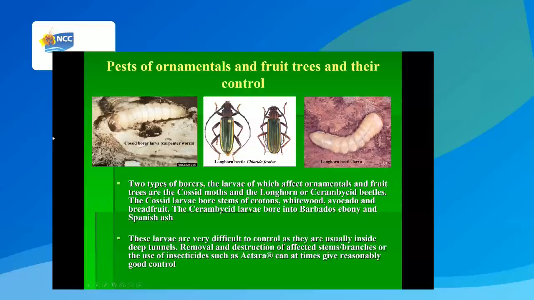They are very difficult to control, and you have to monitor them very carefully. And sometimes you do not have any other choice but to use standard or synthetic pesticides because the organic options simply don't give the kind of control that you're looking for, unfortunately.